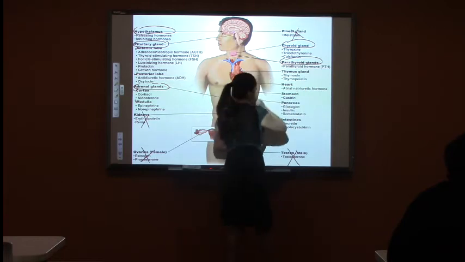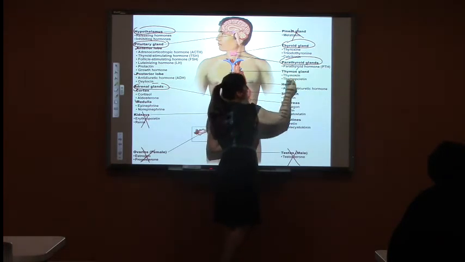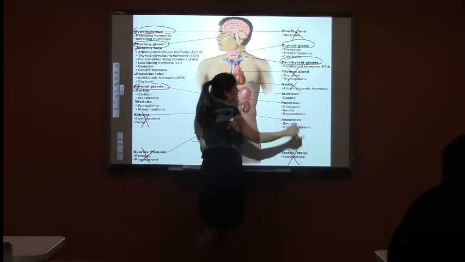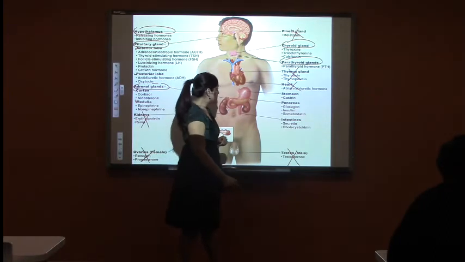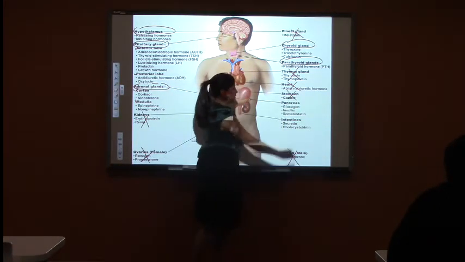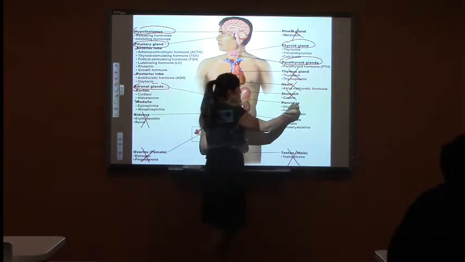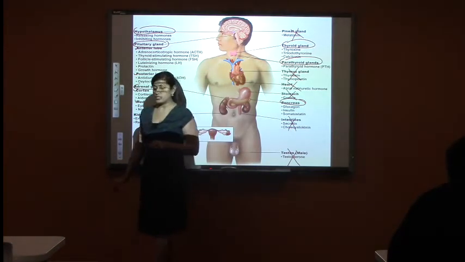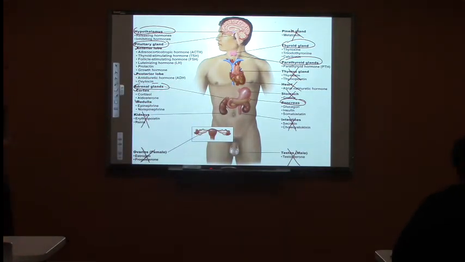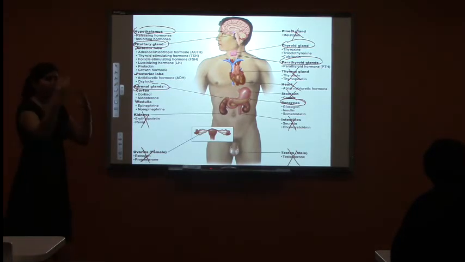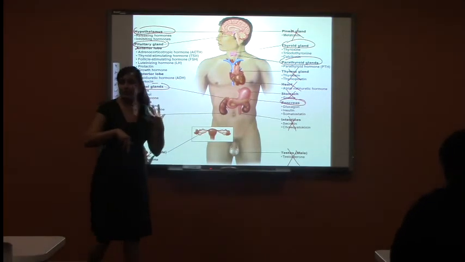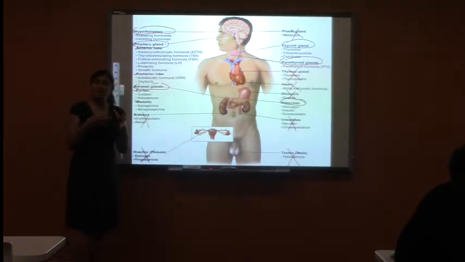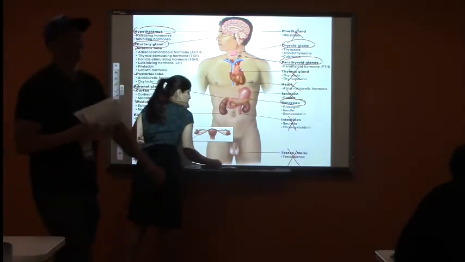Parathyroid gland, we talk about right now. Thymus, I don't talk about. Heart, we'll talk about when we deal with the cardiovascular system. Stomach and intestines, when we deal with the digestive system. We talk about the pancreas. So the ones that are crossed out belong somewhere else in another chapter, and I tend to correlate it and tie it in. The ones I'm focusing on right now don't technically belong to any other system.